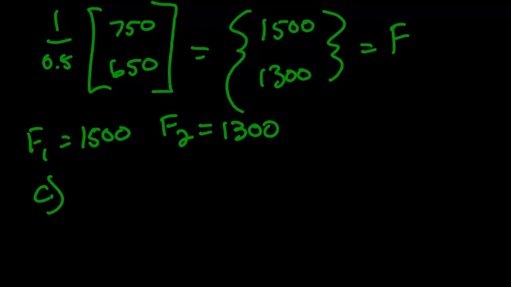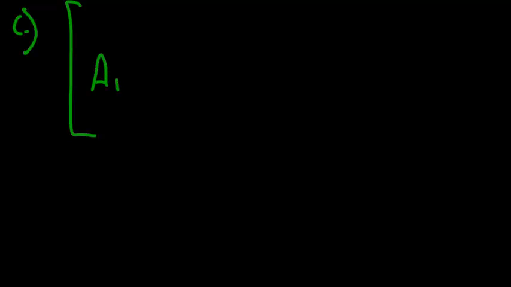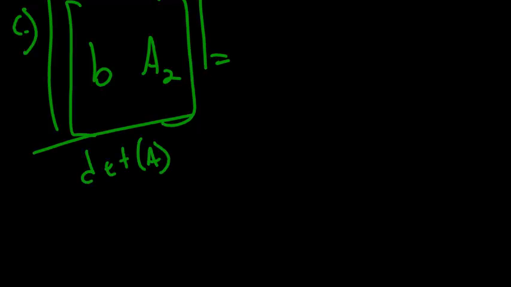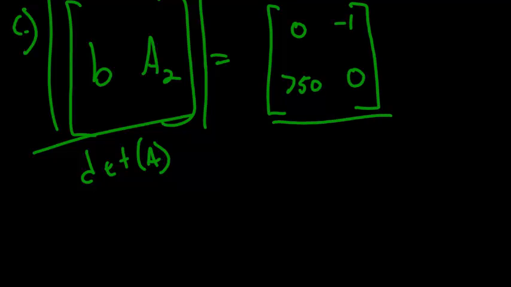Now we're going to do the same procedure using Cramer's rule. For F1, we generate the matrix by putting B in the first column and keeping the second column of A, and we want to find the determinant of that over the determinant of A. So this is 0, 750, minus 1, 0, over the determinant of A, which we found as 0.5.